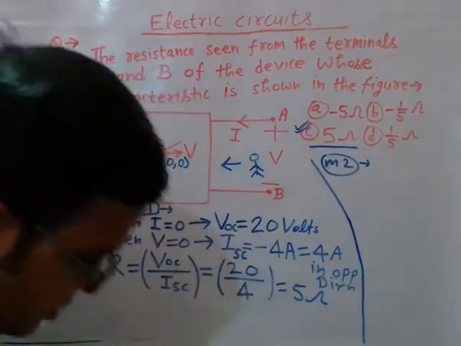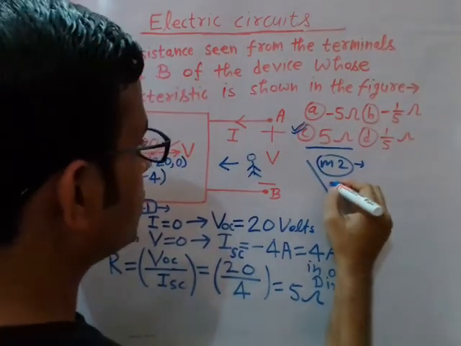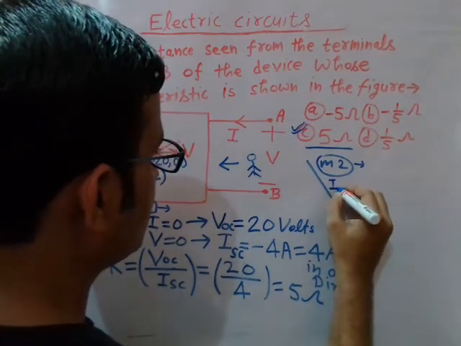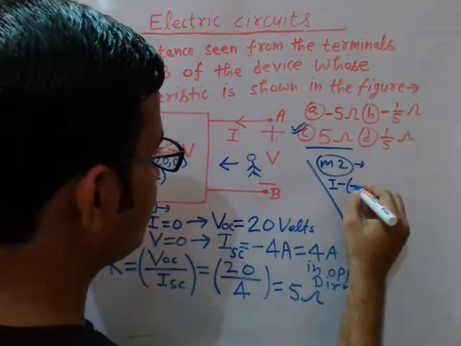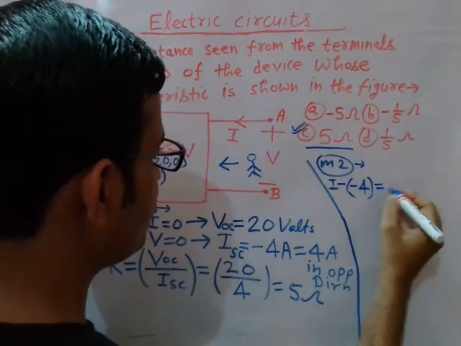Let me write it in a condensed way: y minus y1 is equal to m(x minus x1).